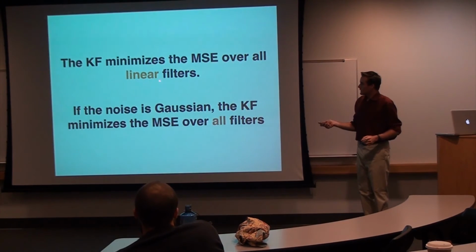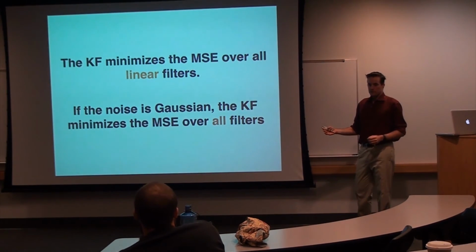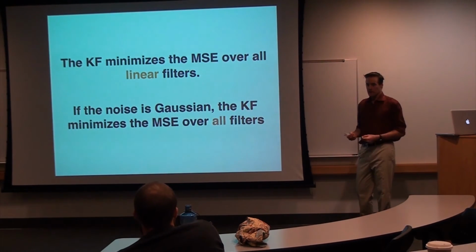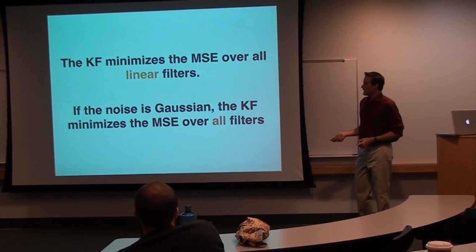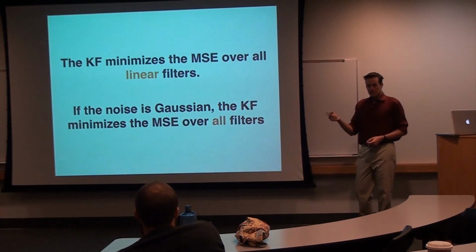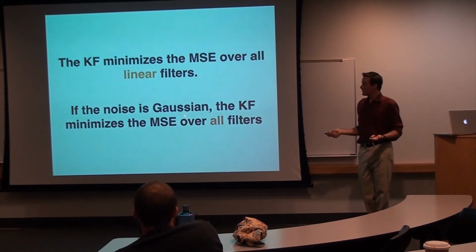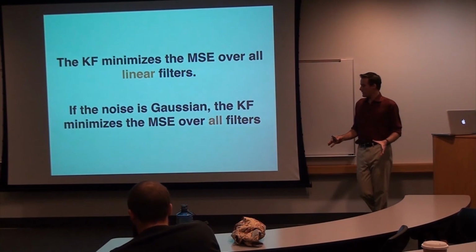This first one is essentially a consequence of the recursive estimator, where we pick K specifically to minimize the mean square error of the uncertainty. The second says that if the noises W and V are Gaussian random variables, with zero mean and known covariance, the Kalman filter minimizes the mean square error over all filters, even the nonlinear ones.